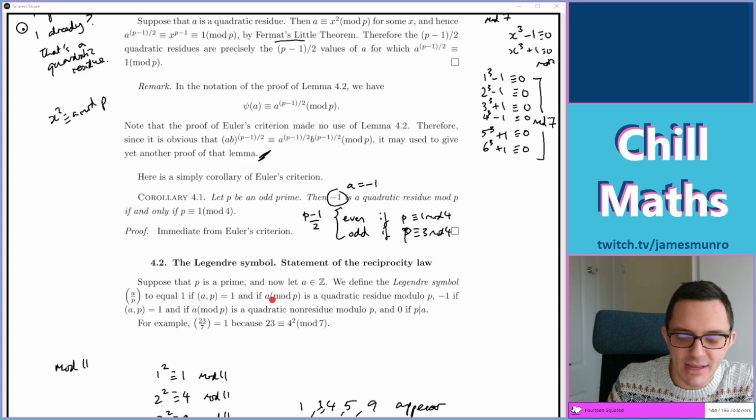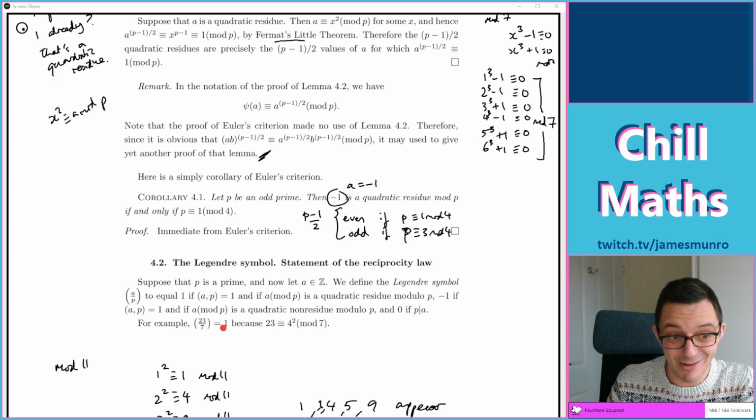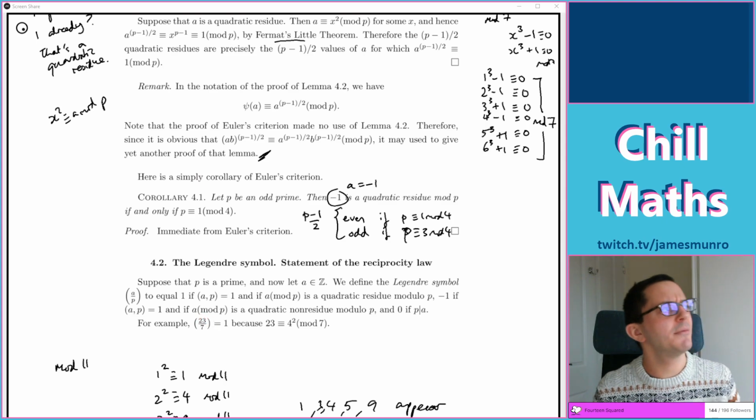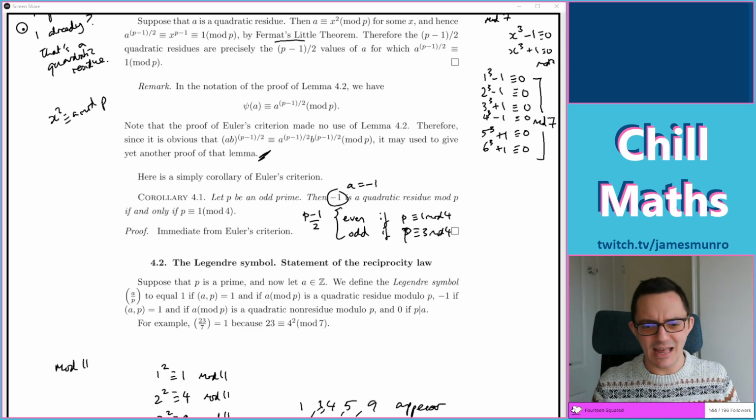Anyway, it's 1 if a is a quadratic residue mod p, -1 if it's not, and 0 if it was a multiple. For example, 23 over 7, we're going to define this symbol to mean the number 1. It's really off-putting, I think, seeing 23 divided by 7 and saying, well, 1. But that's just code for saying that 23 is a quadratic residue mod 7. I suppose we're doing all these things a mod p.